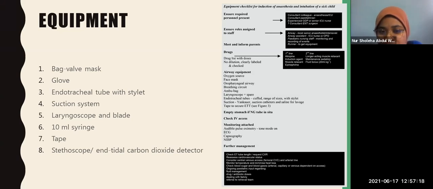And then we need to prepare the drugs because we need to sedate the patient. The drugs needed are atropine, induction agent, and neuromuscular agent. And then we prepare the intubation equipment. And lastly, after all have been prepared, we can proceed with the intubation. Okay, next slide.